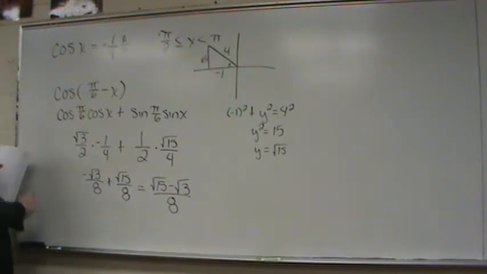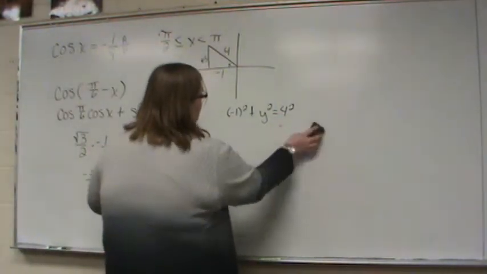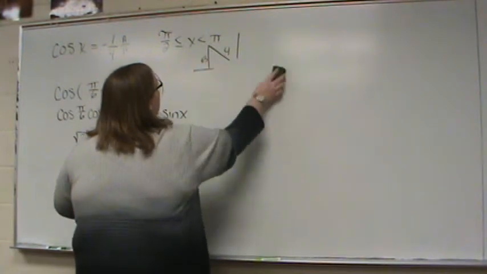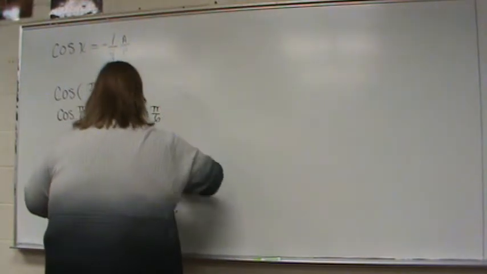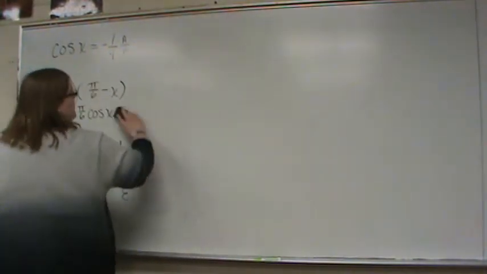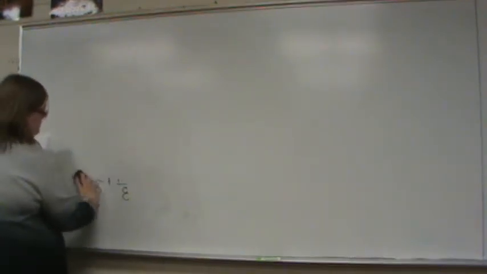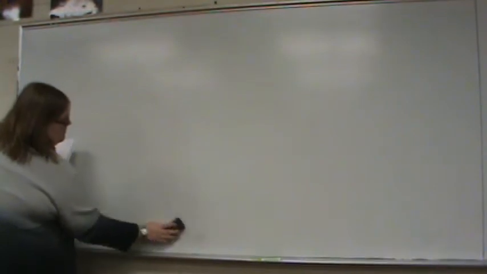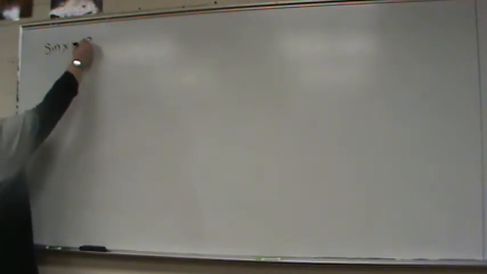All right, so then we have example 8. Example 8 is kind of similar to what we just did here, except this time we're given kind of weird values. Okay, so example 8 says that sine of some angle x equals 0.8.